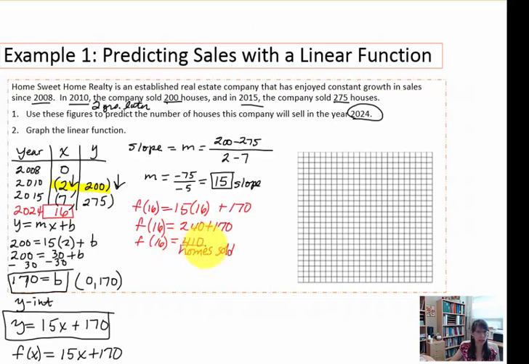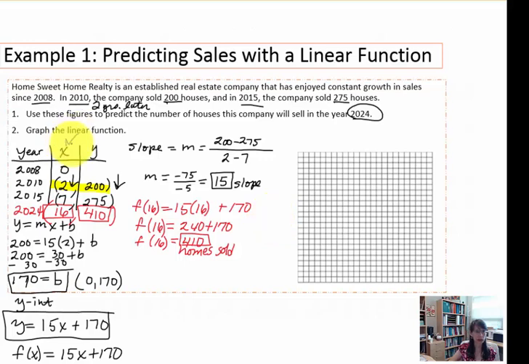So 410 is the output. I could write that back in the table for the y value. And that is another ordered pair that we just generated, (16, 410). Now we're ready to go over to the graph.